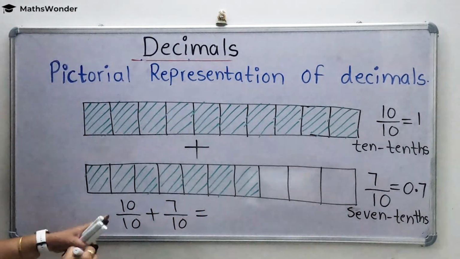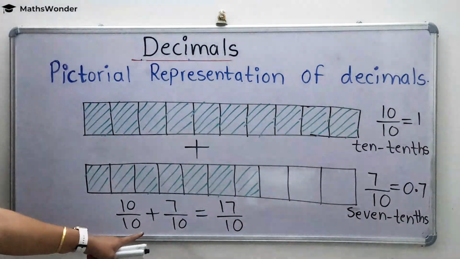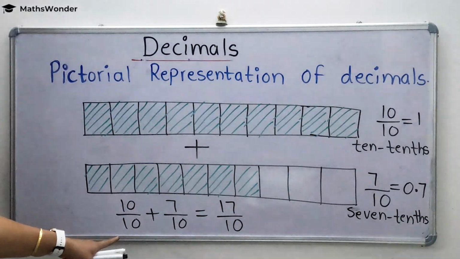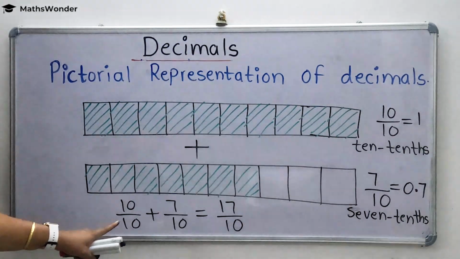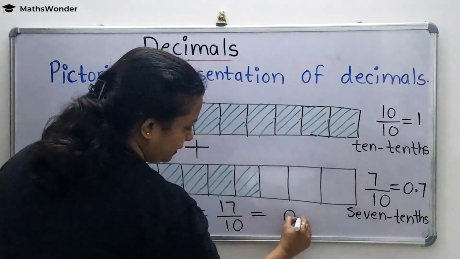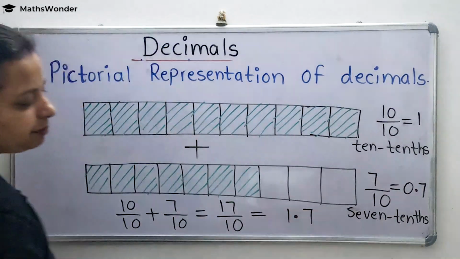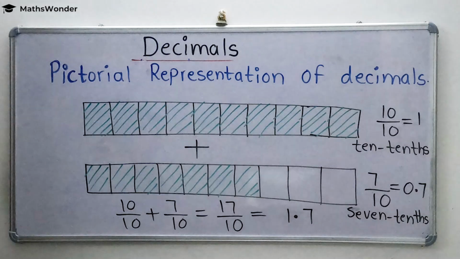When you do it with fractions, what will you get? 17 over 10, if we are doing it with fractions. And 17 over 10, when you convert into decimal, how many zeros? 1 zero. So it will become 1.7, which is 1 and 7/10. Understood the pictorial representation of decimals?